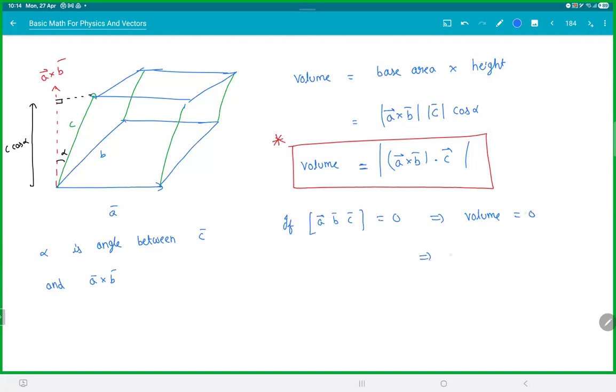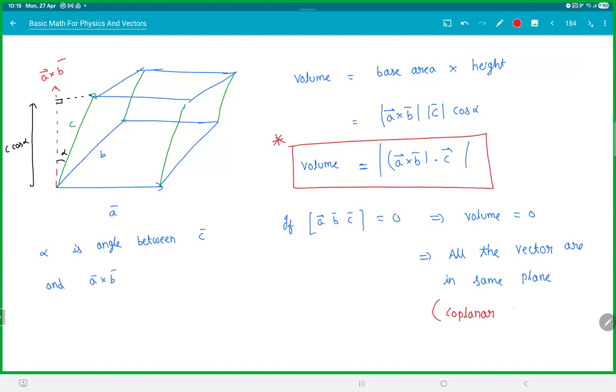This means there is no box only. If all the vectors are in the same plane, then you cannot form a box. Such vectors are called coplanar vectors. So this is a very good condition for this thing. This is a condition for coplanarity.